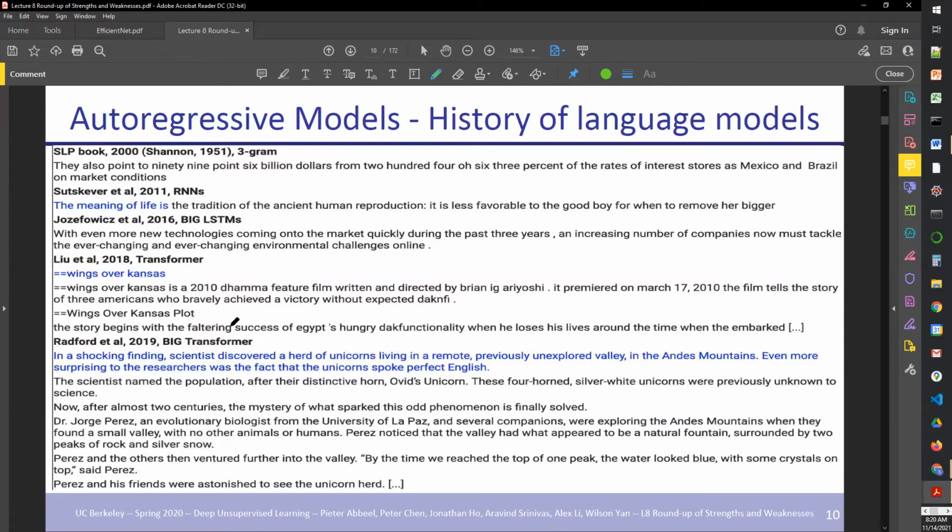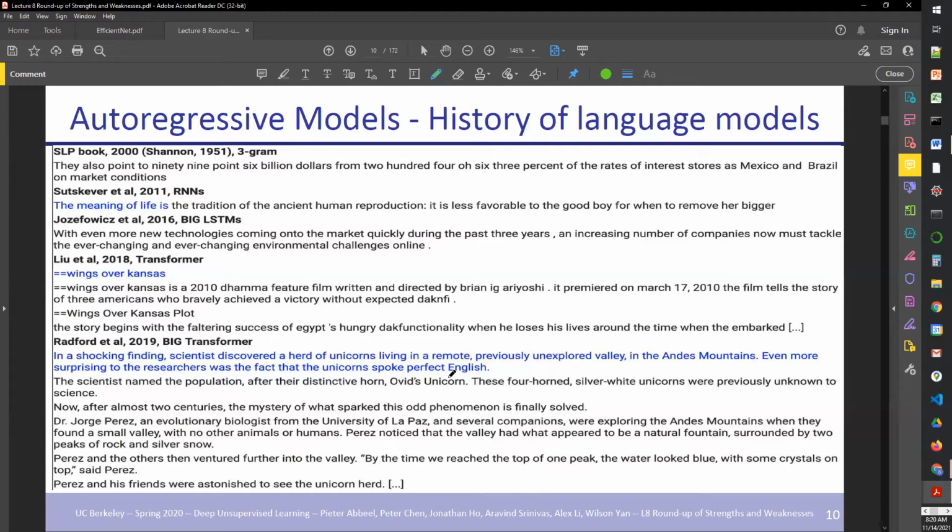Then we continue to increase everything about transformers, make them bigger, go from millions to billions of parameters and train for weeks on end, resulting in the GPT-2 results that we saw on the last slide, being able to produce not just multiple sentences but multiple coherent paragraphs.